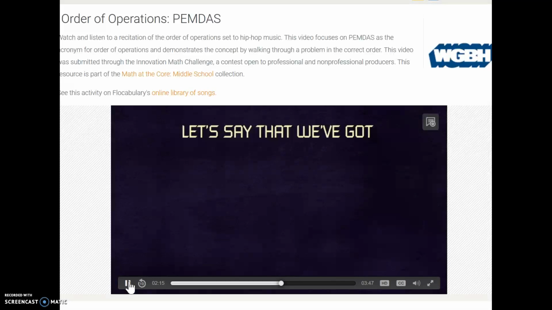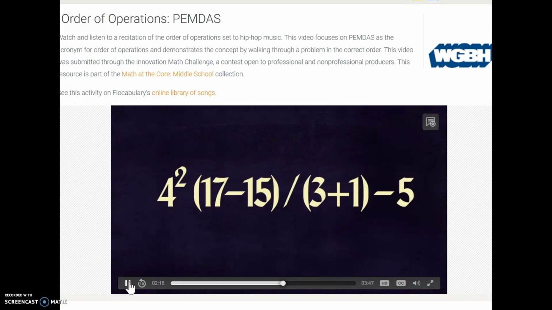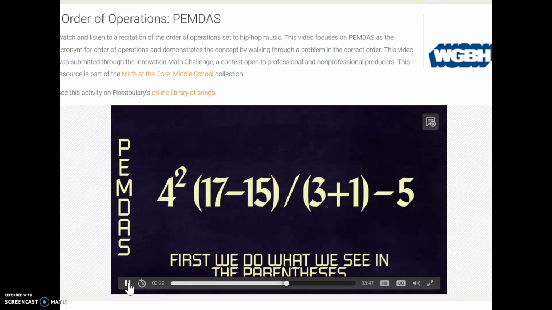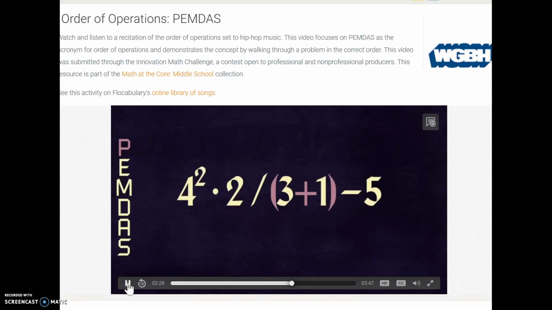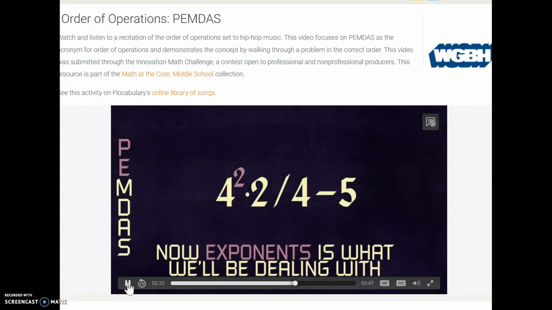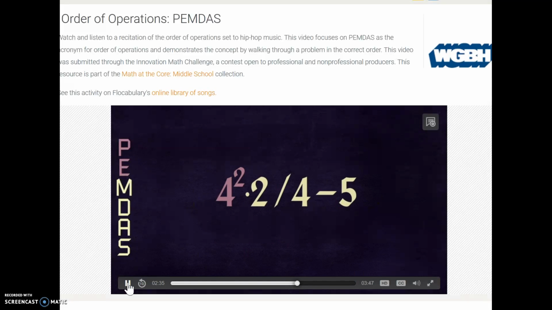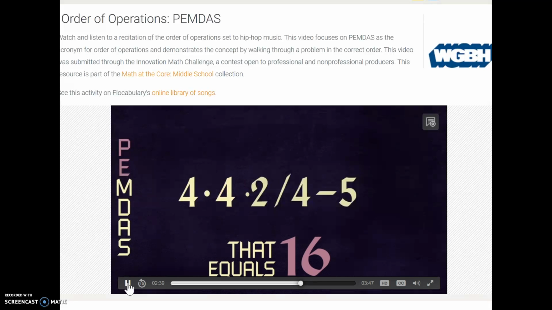Hey, let's say that we've got this. Let's use PEMDAS, see what we accomplish. First we do what we see in the parentheses. 17 minus 15, that is 2 indeed. 3 plus 1, that is 4. Now, exponents is what we'll be dealing with. 4 to the second means 4 times 4. That equals 16.